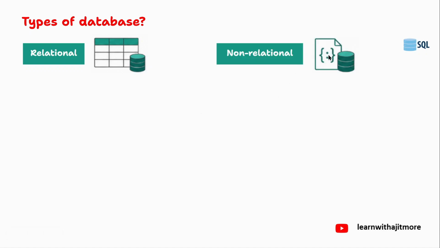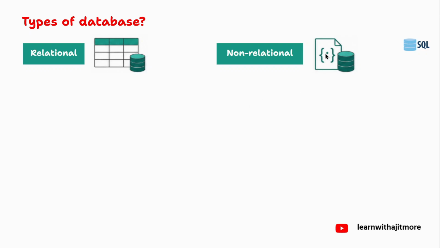And in a non-relational database, as I said, everything is kept as a document collection, and every document is key, comma, value. Generally, they follow one concept called JSON. I hope you have heard about it. JavaScript Object Notation. It depends on how much programming background you have. Otherwise, leave it.